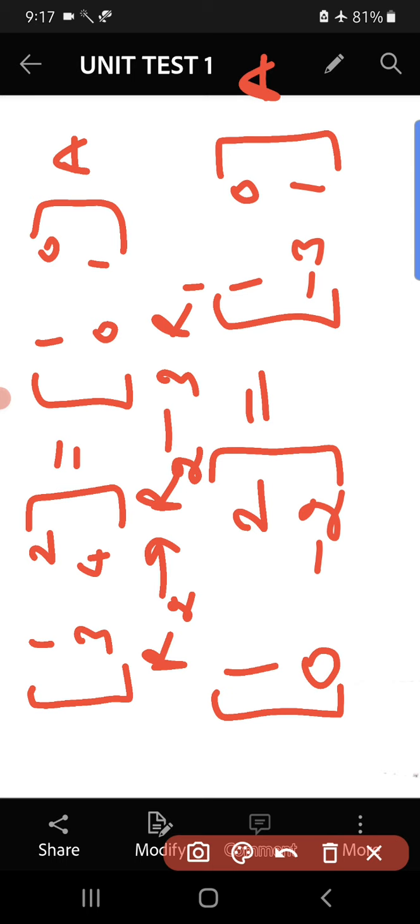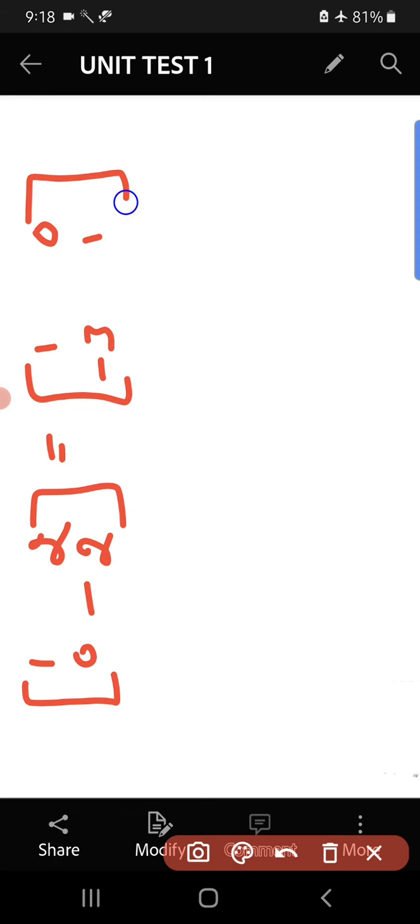See, now I can easily reduce this element to 0 because below it I have minus 2. I will take this step in the next step. 1 2, 0 minus 2 is equal to 1 0, minus 3 1 into A.